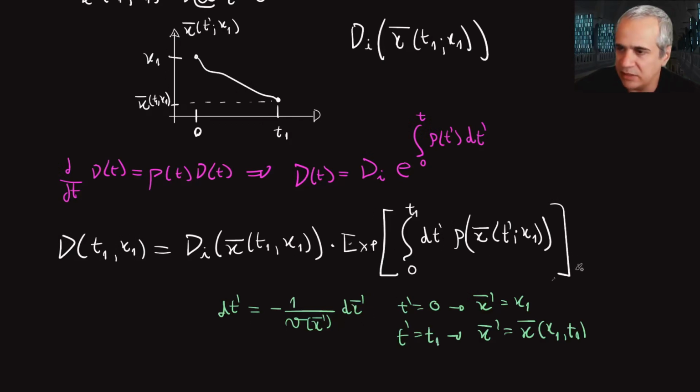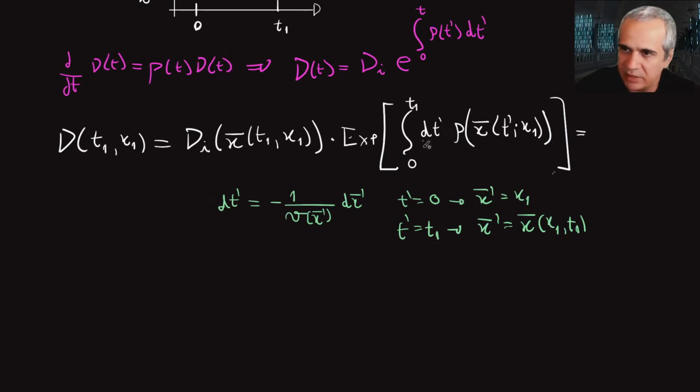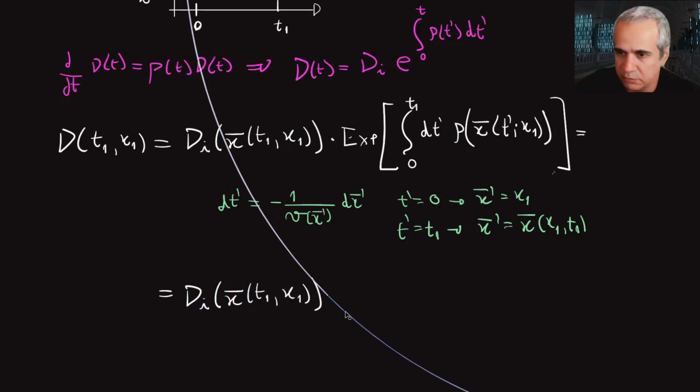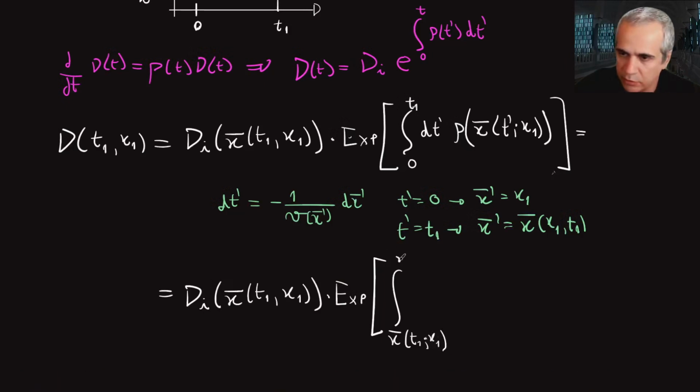And then I can rewrite this integral if I want. Both of these equations, this is already the solution, but both of them can be useful. I can write these in terms of the time integral, but I can also write in terms of the position integral. This is just repeated, times the exponential of the integral from x bar of t1 x1 to x1 of dx bar prime.